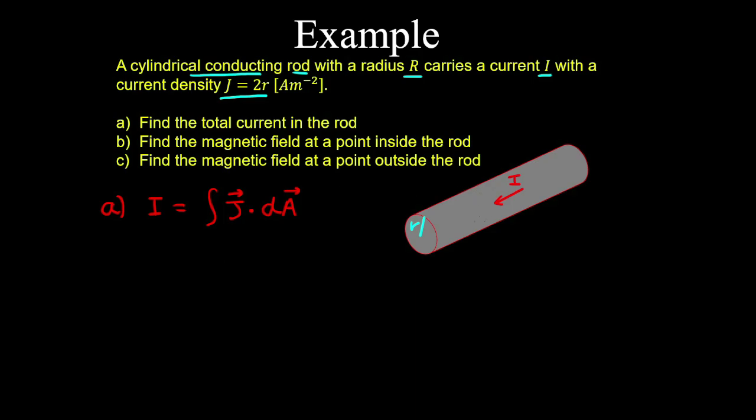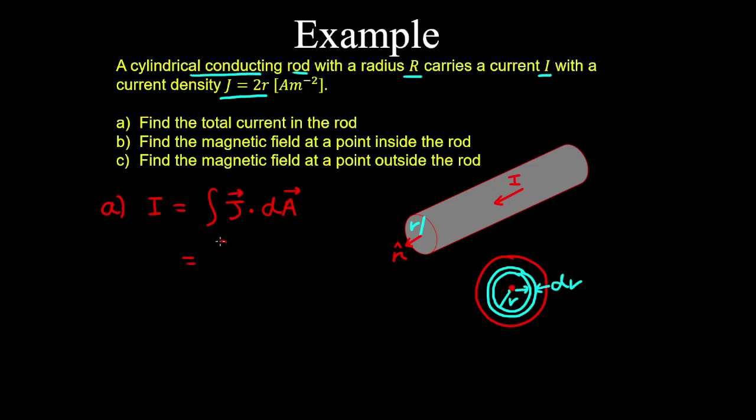So if we cut out a circular section from this rod and take a differential area being an infinitesimally thin ring which has a thickness dr and a radius r, and noting the current is flowing out of the screen, so the current is in a direction of the normal to the cross-sectional area of the rod.